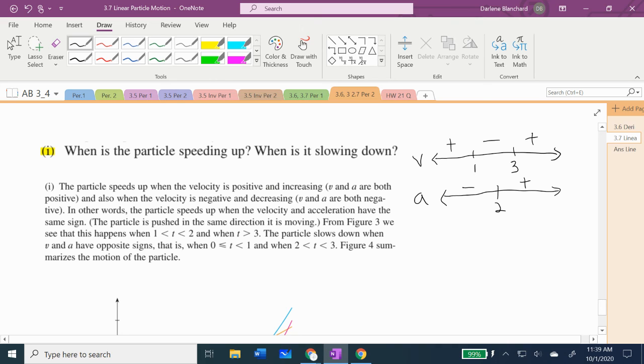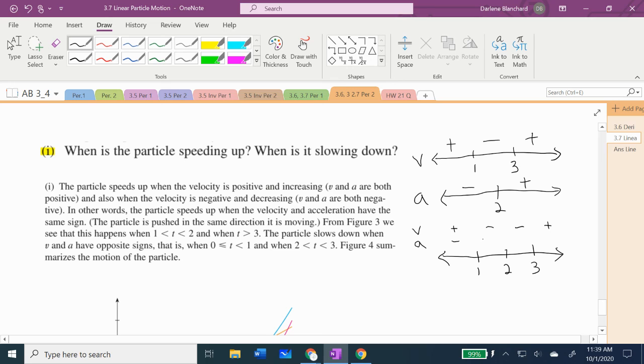Now, what you have to do is look at the two together. Write down on this number line anywhere that either velocity or acceleration is equal to 0. And then take a look. What I'm going to do is write V and A. Velocity is positive before 1, negative between 1 and 3, positive after 3.